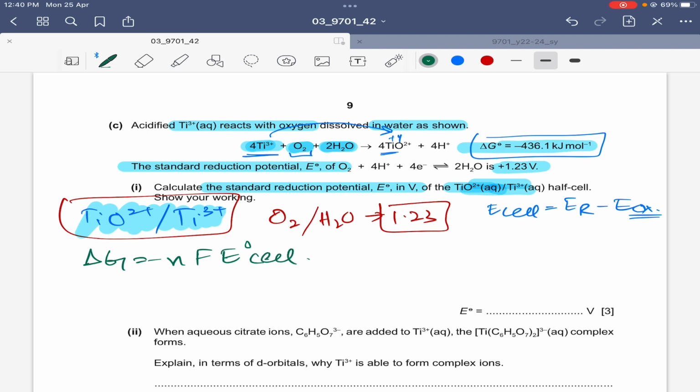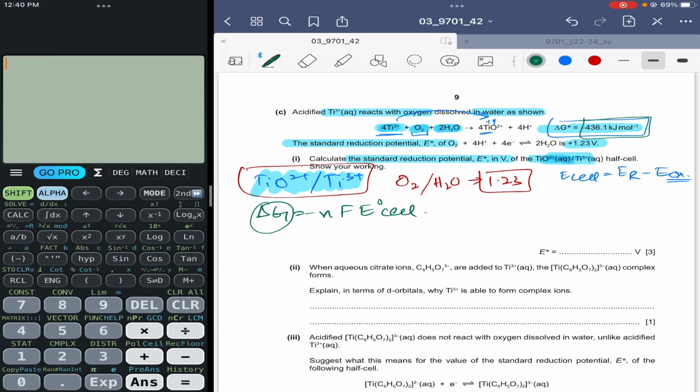So this is the relation between delta G and E naught cell, right? Remember that in this reaction, delta G is taken in joules per mole. They have given us delta G in kilojoules per mole, but we have to convert it into joules per mole.